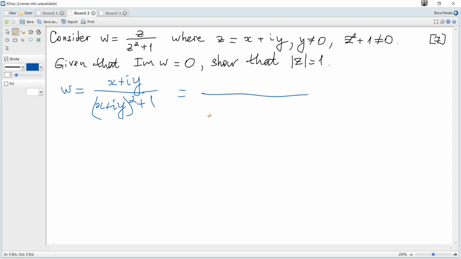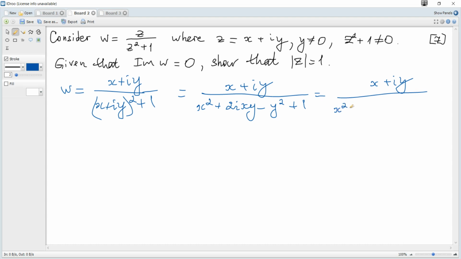So we can open parentheses firstly, and it becomes x squared plus 2ixy plus i squared y squared. i squared is negative 1, so it's minus y squared plus 1. Let's rewrite it, and it becomes x squared minus y squared plus 1 plus 2ixy.